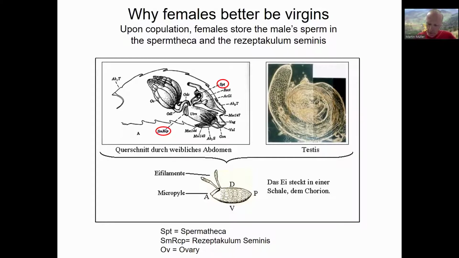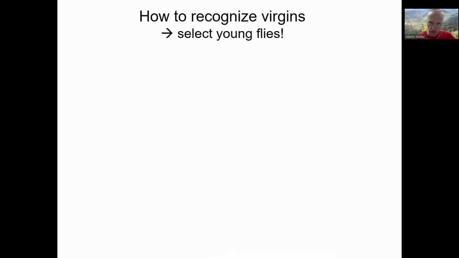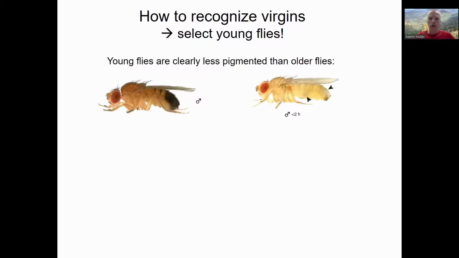So then, of course, the next question is, how do you select virgins? And that is quite easy. The younger the fly, the higher the chance that it is a virgin. So that's what is written here, how to recognize virgins: select young flies. Young flies are much less pigmented than older flies.